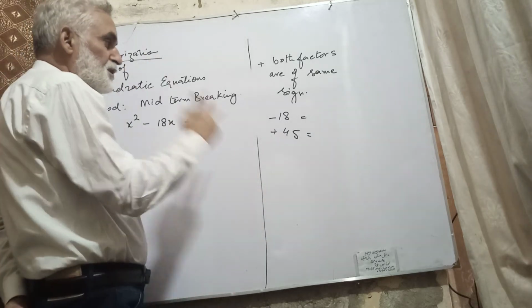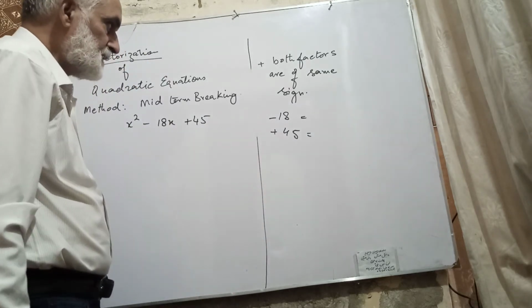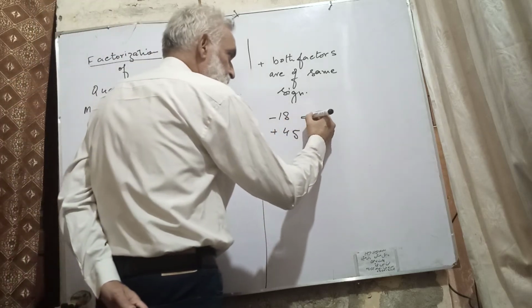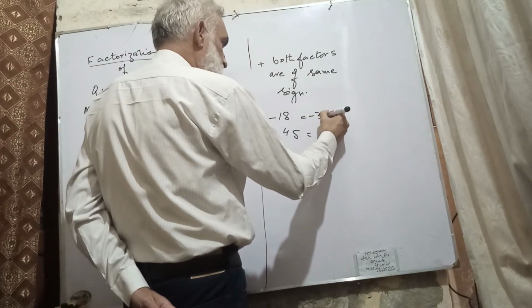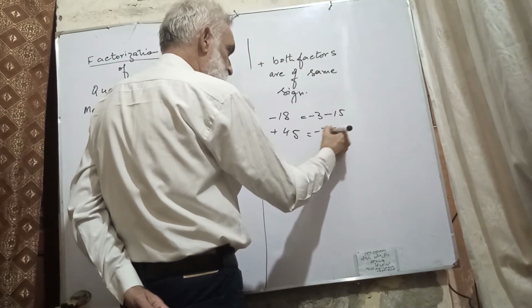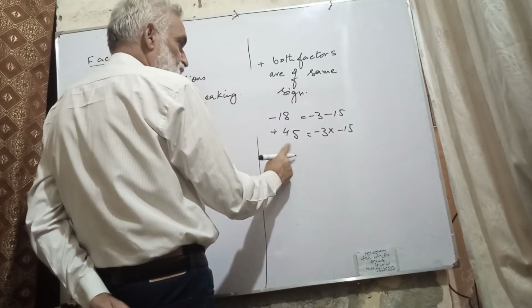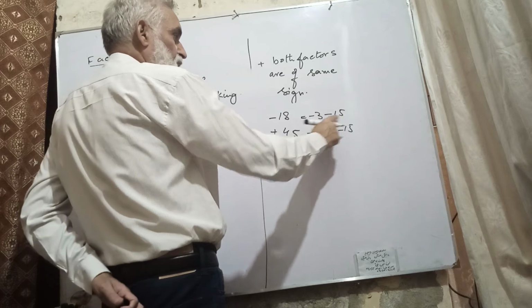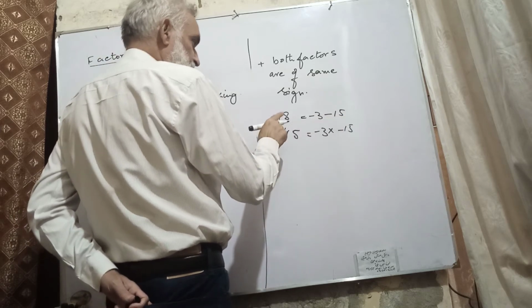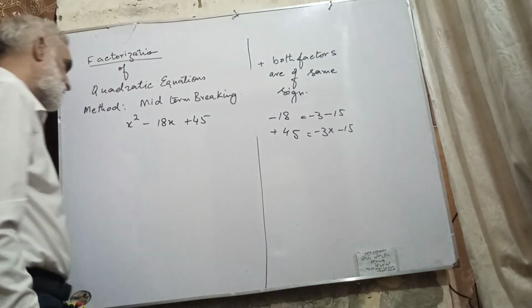It means that both numbers will be negative, right? These numbers are minus 3 and minus 15. Minus 3 multiplied by minus 15, minus times minus is plus, 15 times 3 is 45, and 15 plus 3 is 18, and the sign is minus.